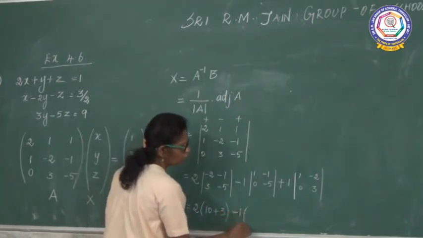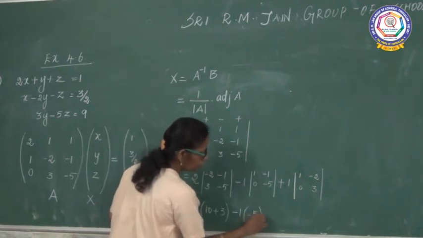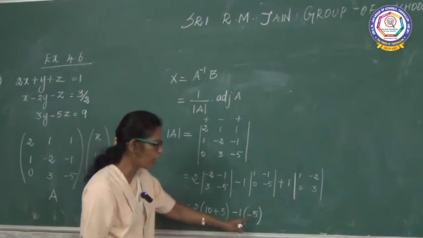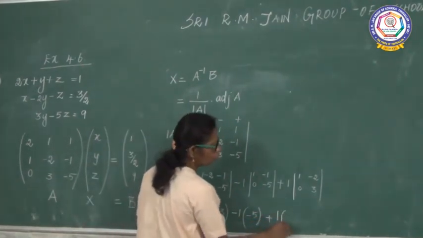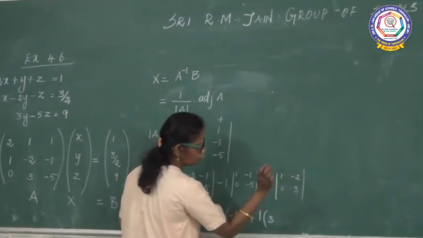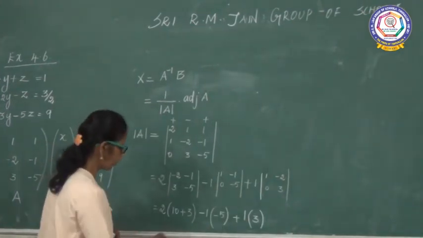Minus 1 into minus 1 minus 5. 0 into minus 1 is nothing but 0, so I didn't write it here. Plus 1 into 3, 3. Here also 0 is there, so I am not going to write it.